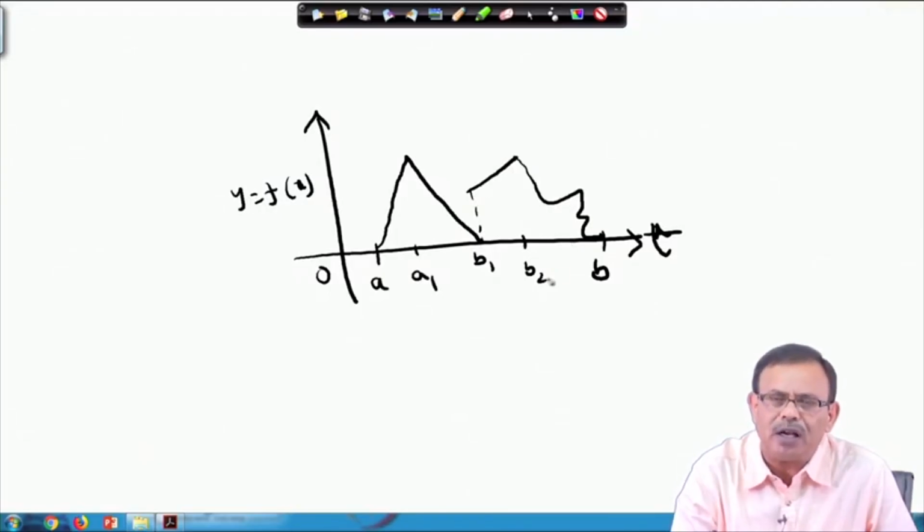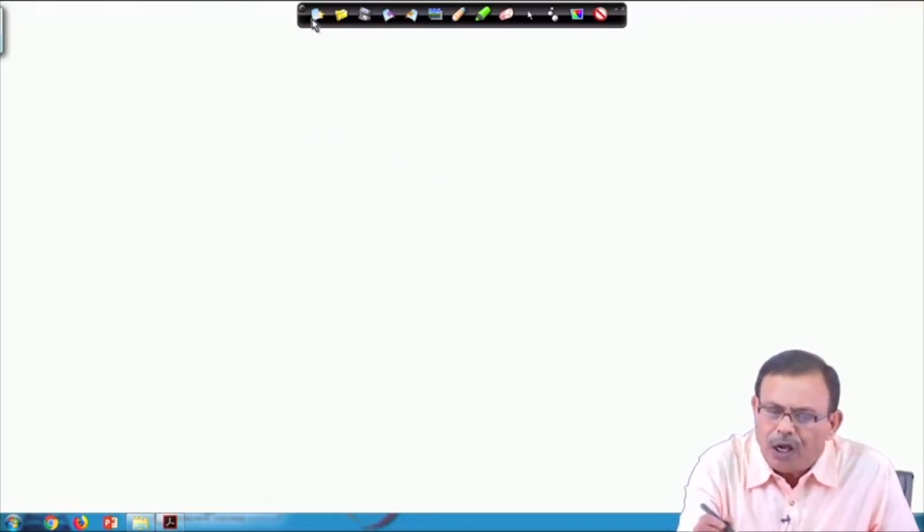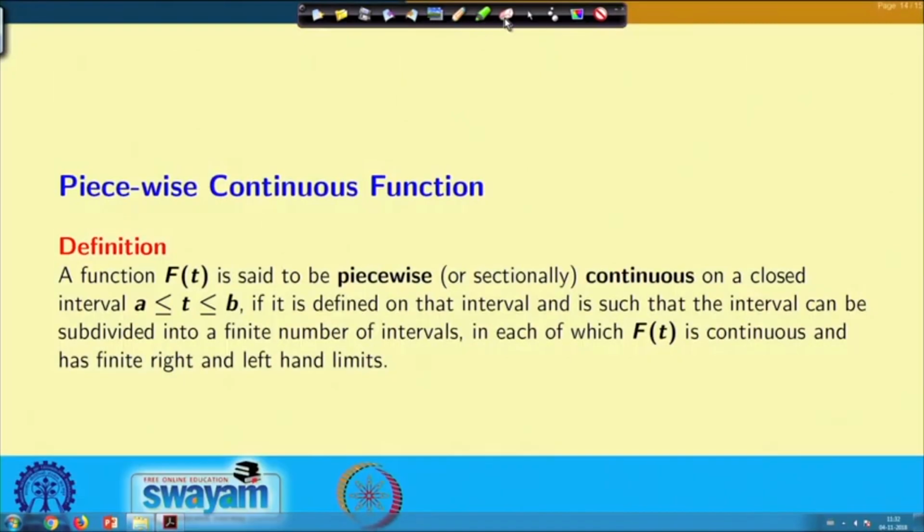I hope it is clear that a function may not be continuous in a particular domain a to b, but if I subdivide a to b into n subdomains and in each subdomain the function is continuous, we call the function a piecewise continuous function. Again, let us go back.